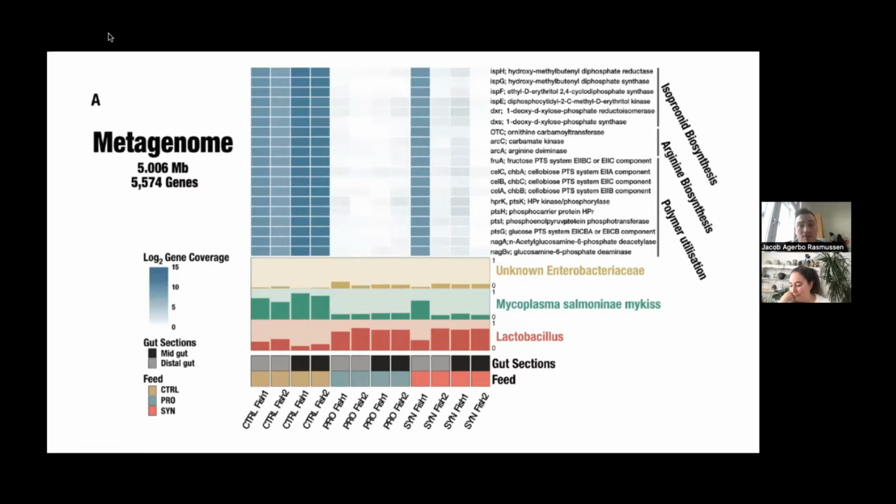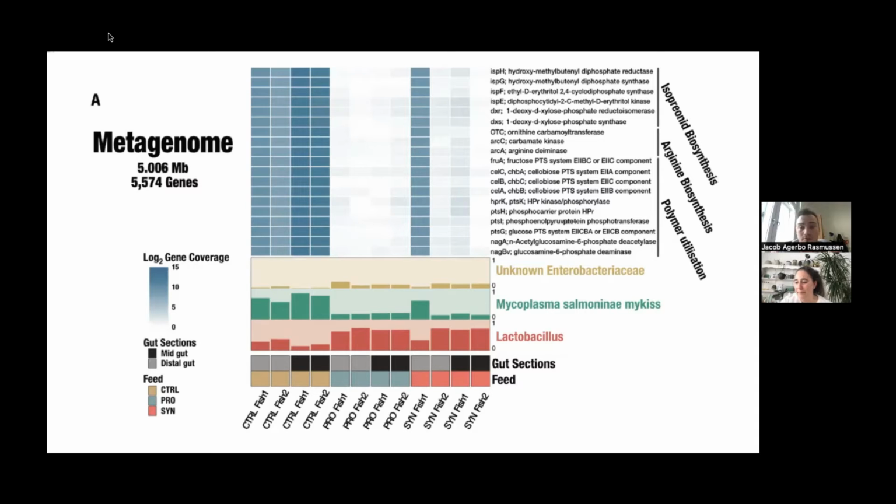One thing we found was that the arginine biosynthesis was highly altered also, which is a part of protein synthesis. And in general, these proteins are essential to salmonids, is at least my belief. So it might be a beneficial thing.